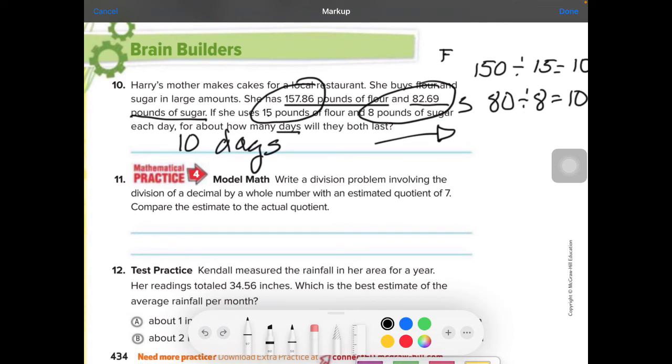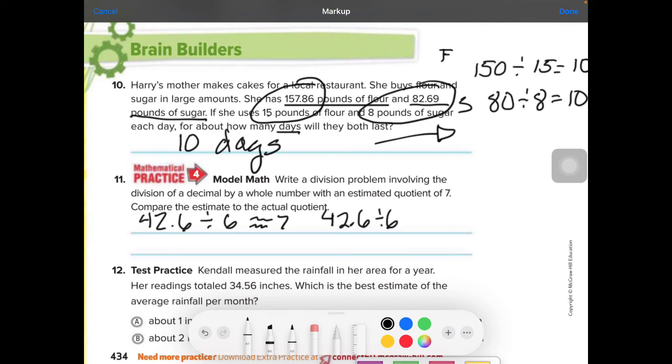Number 7, write a division problem involving the division of a decimal by a whole number with the estimated quotient, which means answer, of 7. Compare the estimate to the actual quotient. Ooh, this sounds fun. Okay, let's do something crazy. I know that 42 gets along well with 7, so let's make it kind of a crazy decimal. And let's divide it by maybe 6. Because then I know that the answer is about 7, right?